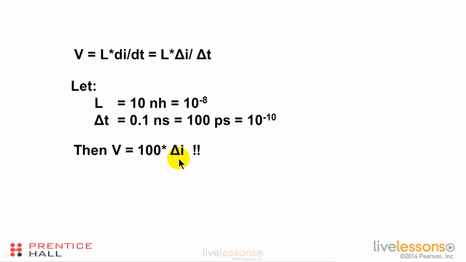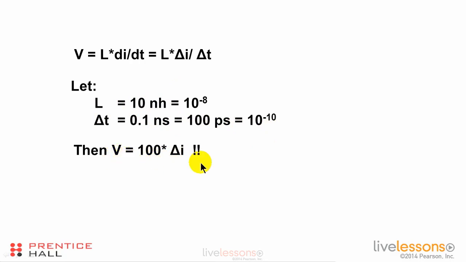And it can be a lot, but the reason is because the rise time is so short. If we were dealing with rise times that were a millisecond, well, then this wouldn't be very big at all. But when the rise time is 100 picoseconds, well, all of a sudden we can get some very sharp voltage spikes across an inductor.